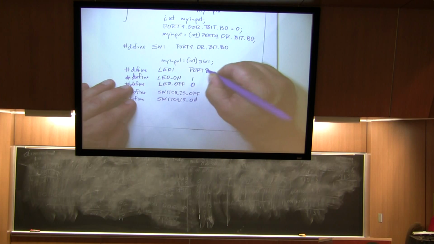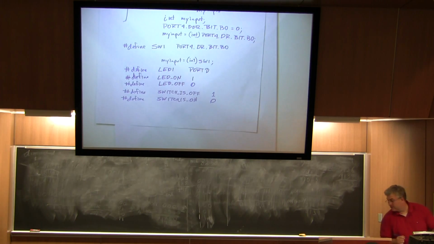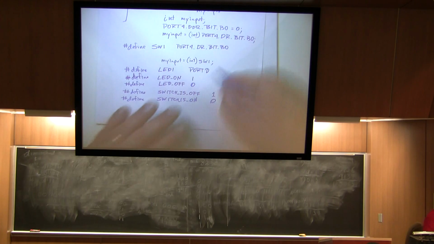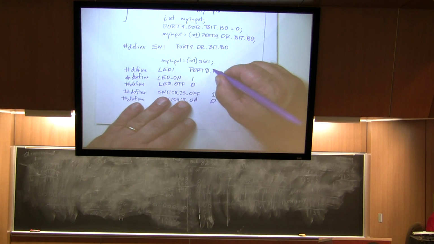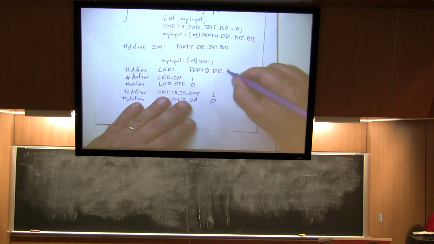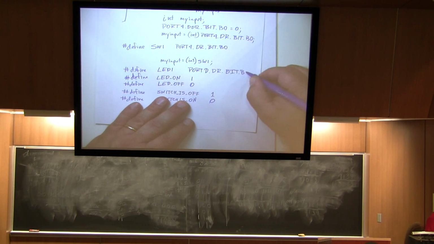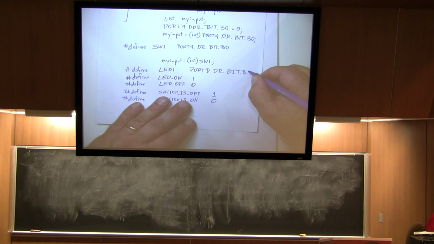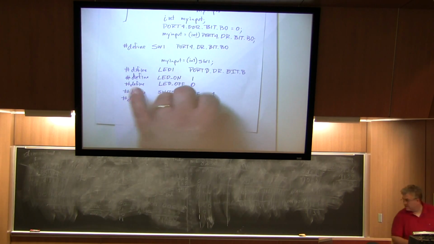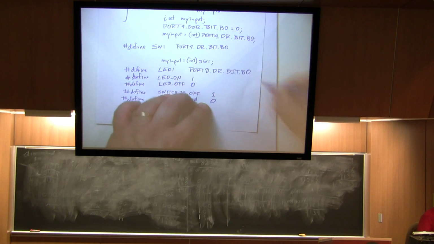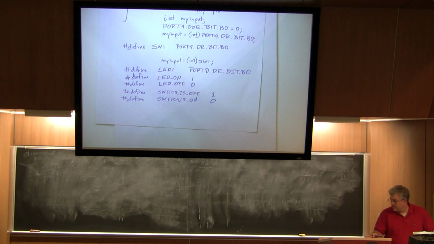Was it port D? Dot DR dot bit dot 0. D0 or B1? D0, okay. All right, you've done all that?